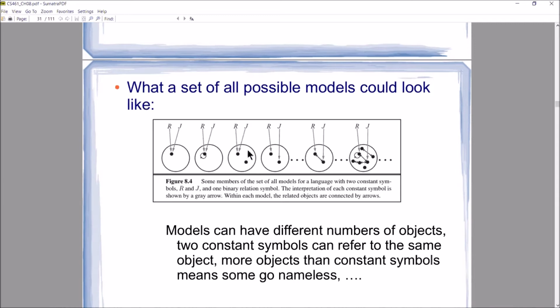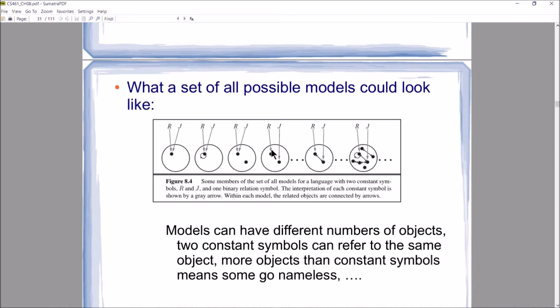Now in the third circle, 2 objects within that domain. One of those objects is named both Richard and John, and then the other object is nameless, kind of like how the crown was nameless in the previous interpretation that I mentioned. Okay, here's another model where there's two objects. Now in that model, each one of those has their own separate name.